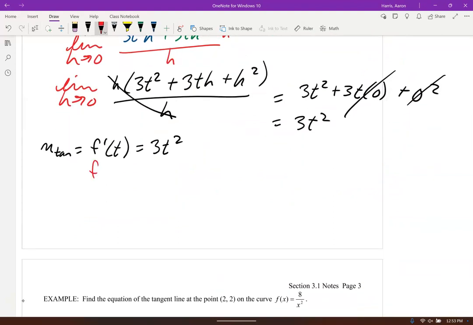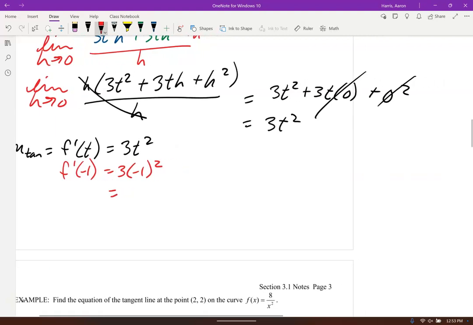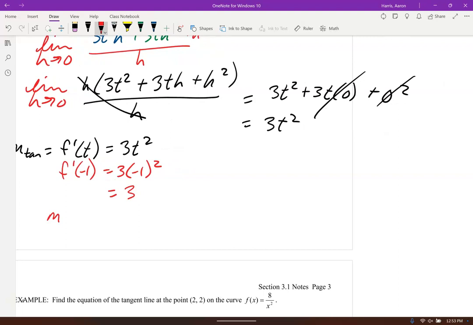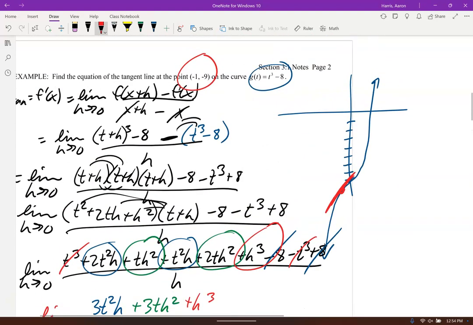So let's plug in -1. So -1 squared is 1, 3 times 1 is 3. So my slope of the tangent at (-1, -9) is 3. My slope is 3. So that red line up here I drew, this slope is 3.